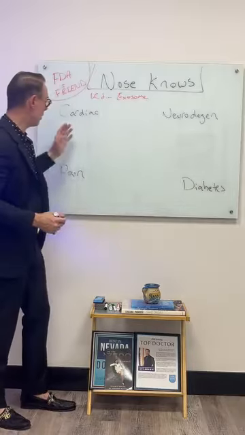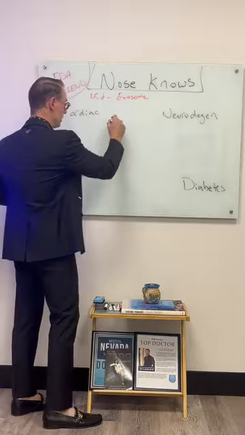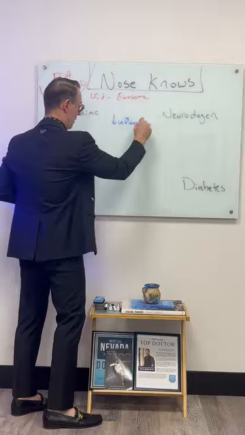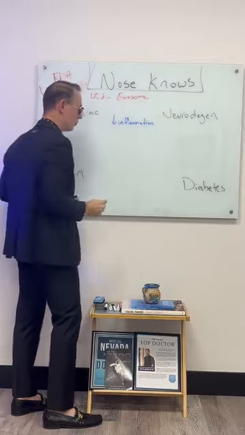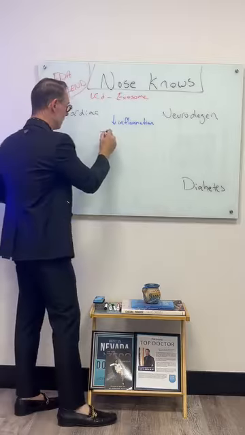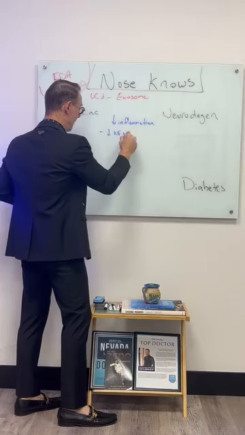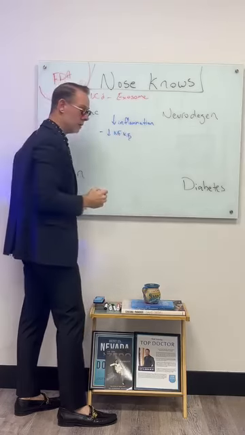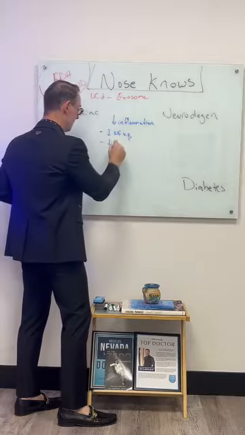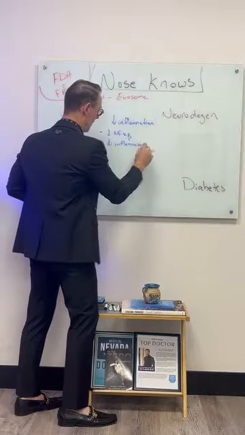What do we know about all of these paradigms? Well, we know if we reduce inflammation, we can actually dramatically improve all four of these. Reducing inflammation reduces NF-κB induced inflammation. It reduces inflammasome activity.